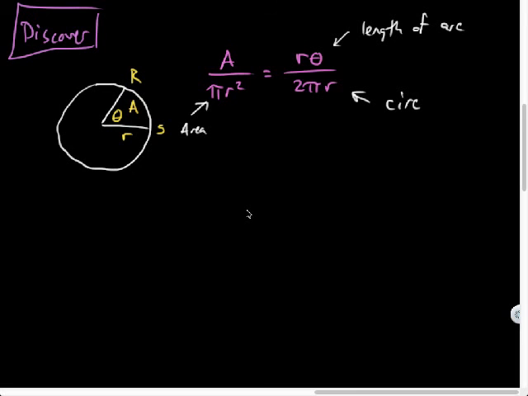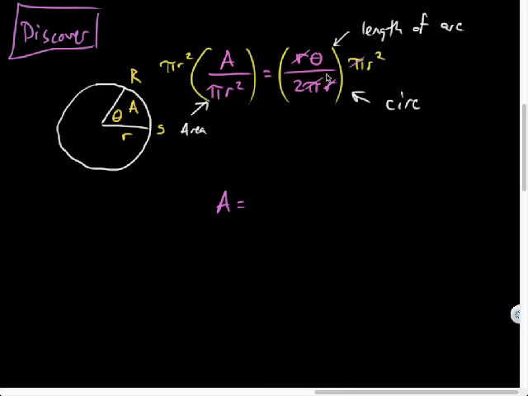And if I wanted to solve this equation for A, the area of just the sector, the piece that I'm looking for, what could I do to both sides? Multiply both sides by pi r squared. And I'm going to end up getting the following. A equals, so this r and this r cancel out.